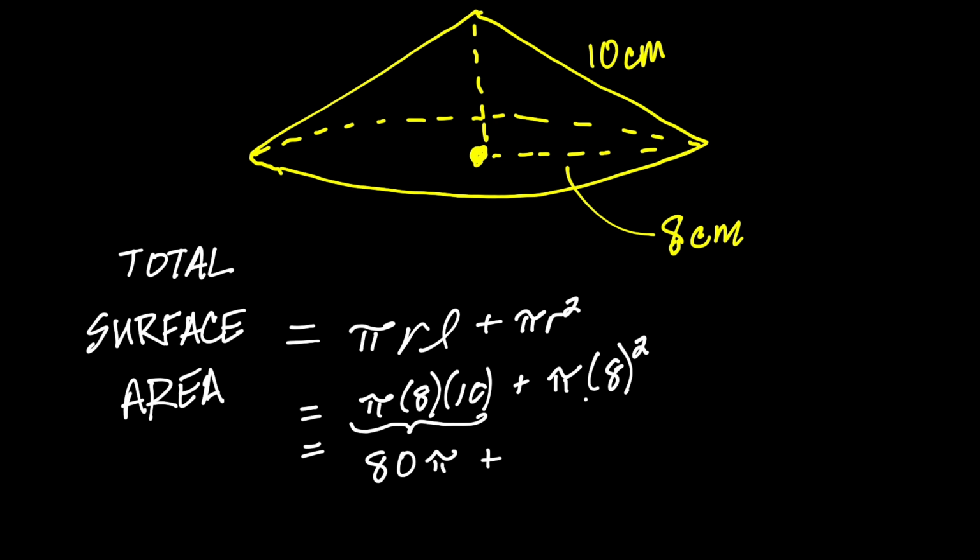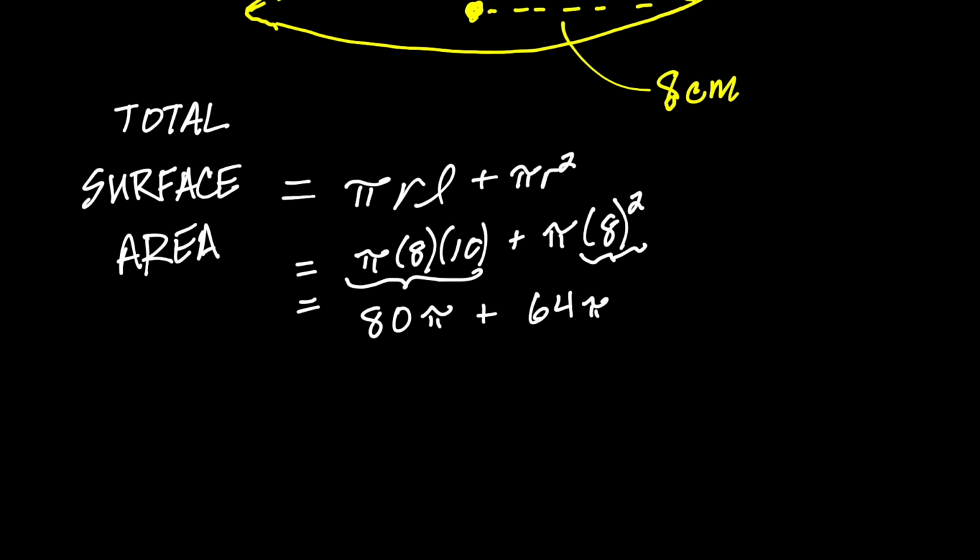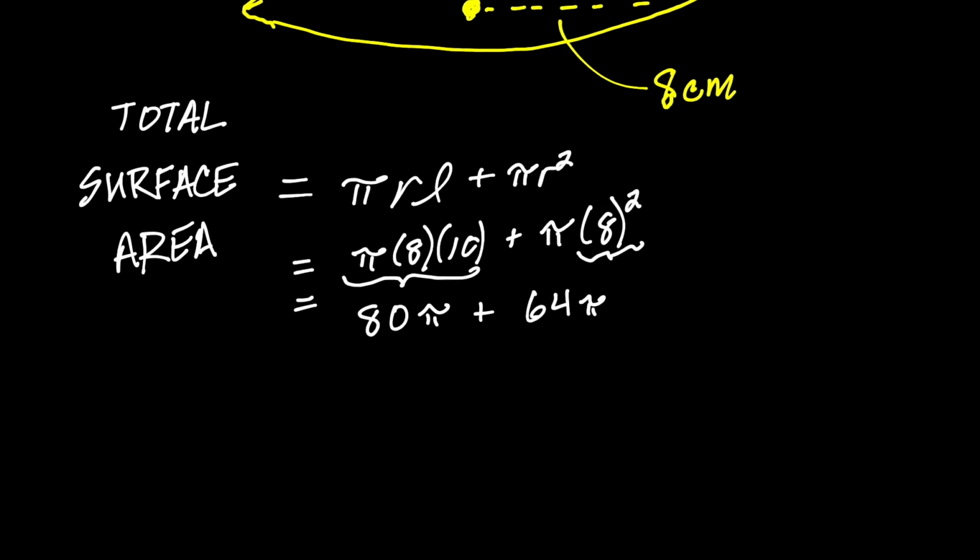And when I square 8, I get 64 pi. So I have 80 pi plus 64 pi, which gives me, let's see, 144 pi. And again, it's centimeters squared.